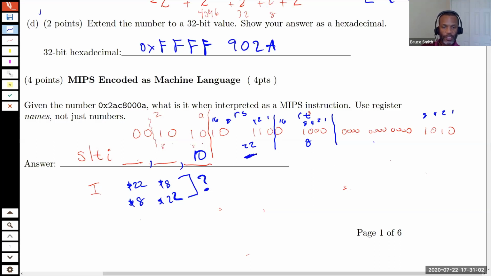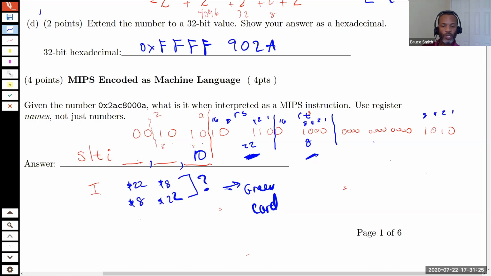RS, this one registers register number 22, and then this one is register number 8, and we need to know which goes where. What's going to give it to us is that we have to go to the green card to figure that out.